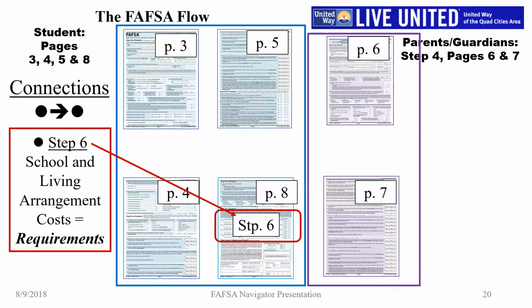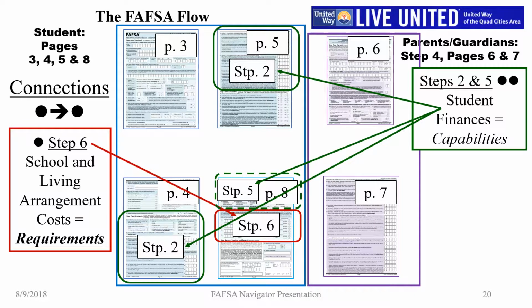What's the requirement? The follow-on dots are primarily in step 2 on pages 3 and 4, and if the student is independent, then also from step 5 on page 8. This information establishes the independent student's capabilities in paying some or all of the school expenses by looking at taxable income, assets, and untaxed income and assistance, plus the living arrangements of the student and any dependents.